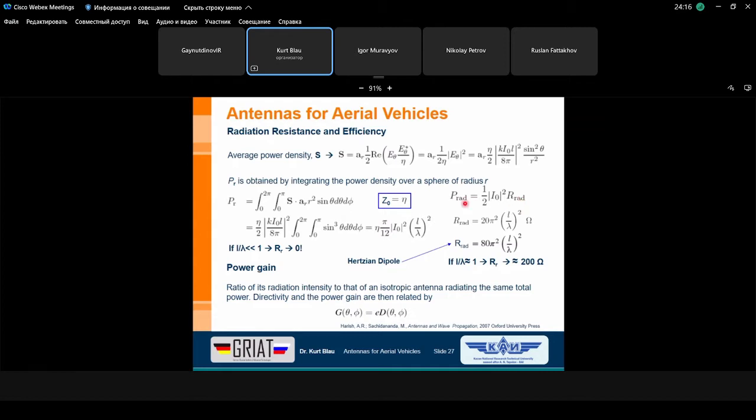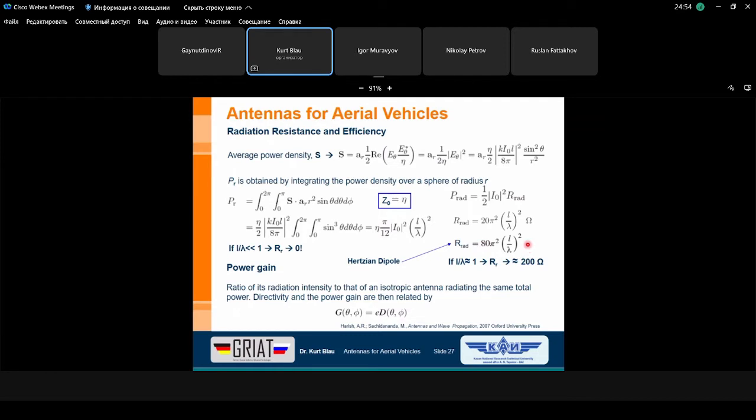That means the mean value of the current squared multiplied by the radiation resistance must be identical with the radiated power, with this expression here. Both expressions are set equal and solved for the radiation resistance, and then we get this result here. I also gave you another result. The quotient is 4 times, but this result comes from another discussion.